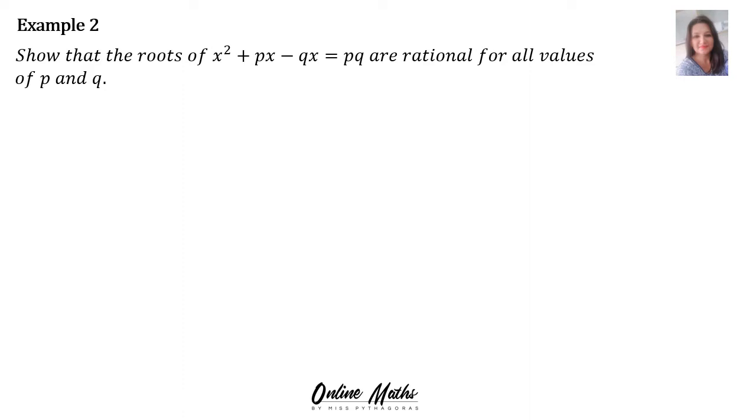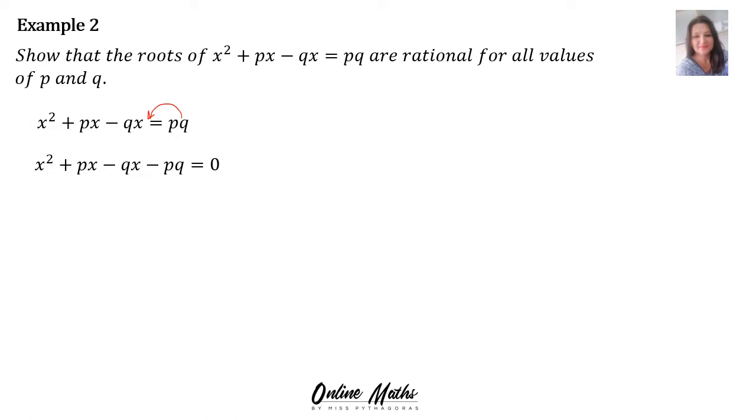Example 2. Show that the roots of x squared plus px minus qx is equal to pq are rational for all values of p and q. There's your equation. Now the first thing that you're going to do is write your equation in standard form, and therefore your pq will walk across and become negative pq.